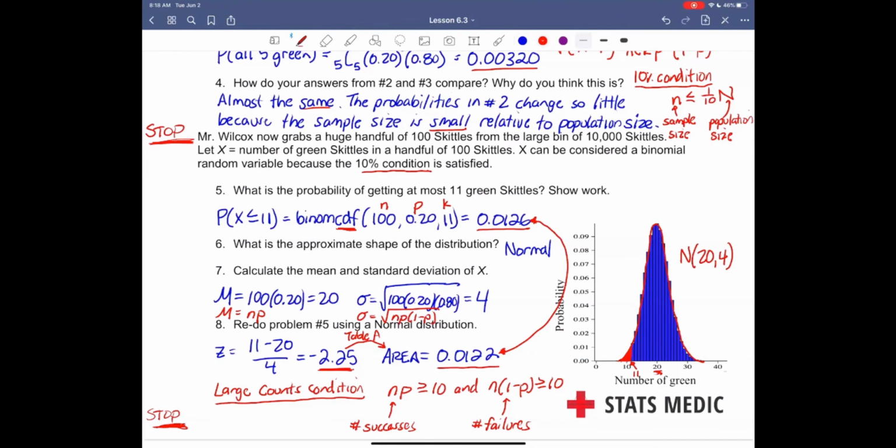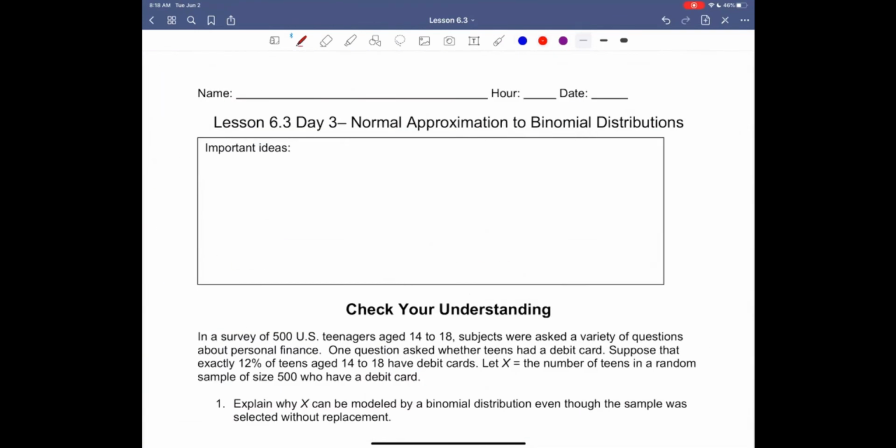So let's see if we can summarize our learning in the important ideas on the next page. So let's go back to the two learning targets from the beginning of the lesson. The first learning target was about the 10% condition. And what we discovered in the activity was that we have to check the 10% condition anytime we are sampling without replacement.